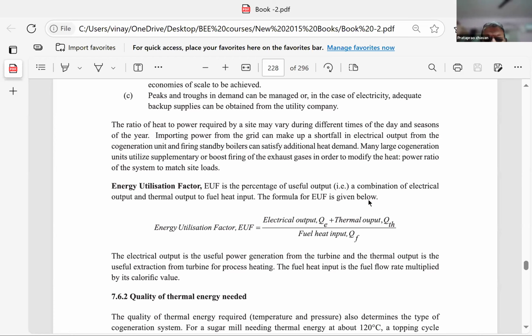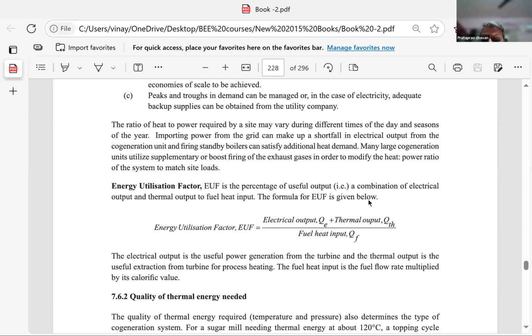Output upon input percentage is efficiency. Now, output in which form? Whatever units you decide, the same unit should be in the denominator. Otherwise, it will not be a ratio, because efficiency doesn't have any unit. It's a ratio. So output upon input is efficiency.